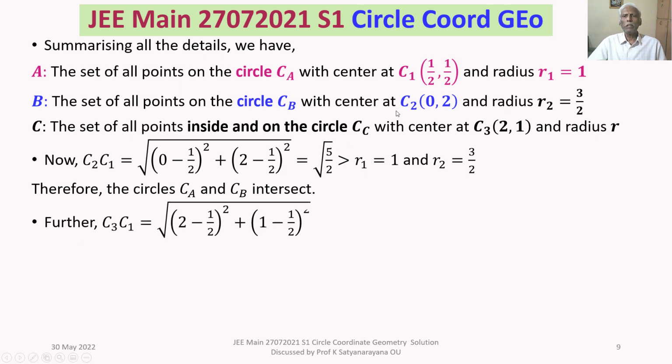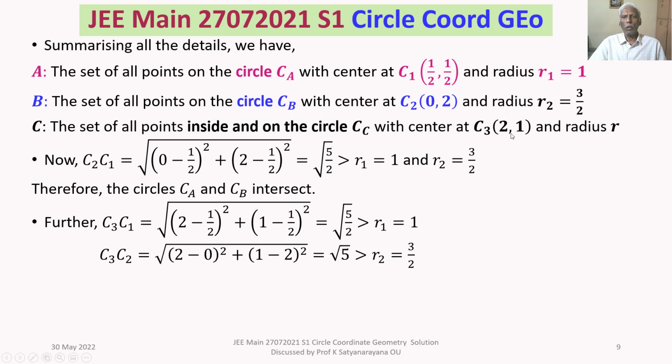Further, the distance between C3 (2, 1) and C1 (1/2, 1/2), using the formula, is again root 5 by 2, which is bigger than R1. And for C3 (2, 1) and C2 (0, 2), using the formula you will get root 5, which is greater than R2, that is 3 by 2.